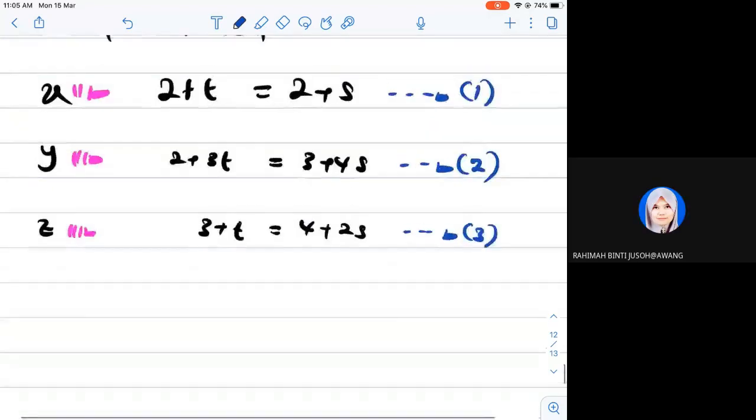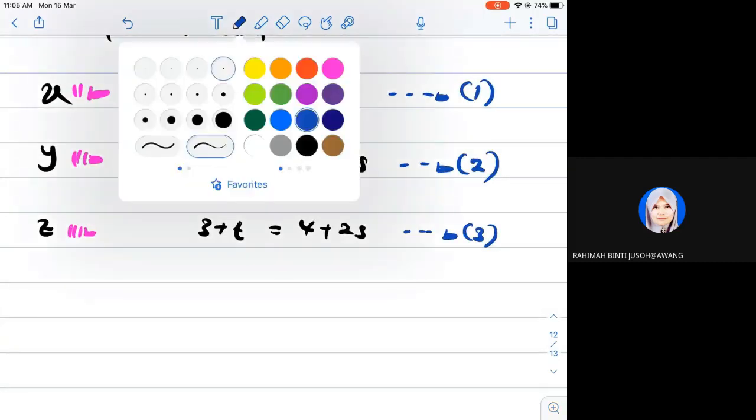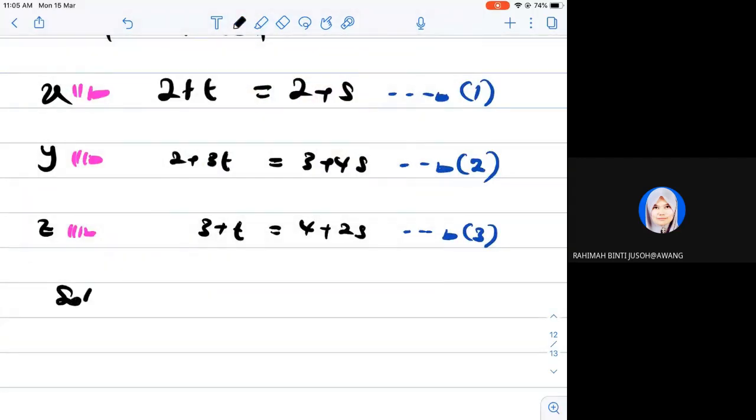Okay, so now we will solve equation 1 and 3 simultaneously. Kenapa kawan kita pilih 1 dengan 3? Agak-agak kenapa? Yes. It will be easier for you, right?